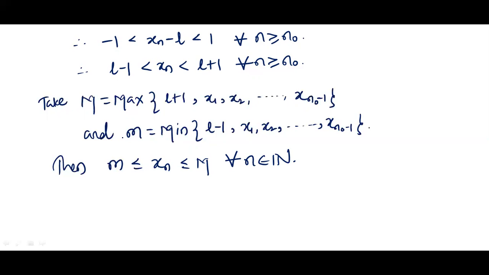for n greater equal n naught, xn is less than capital M and greater than small m, and we are taking capital M is equal to maximum of L plus 1, x1, x2 up to x n naught minus 1, and small m is equal to minimum of L minus 1, x1, x2 up to x n naught minus 1.